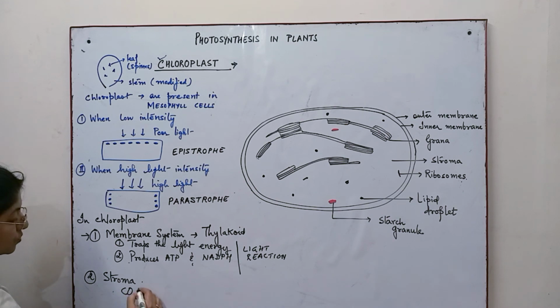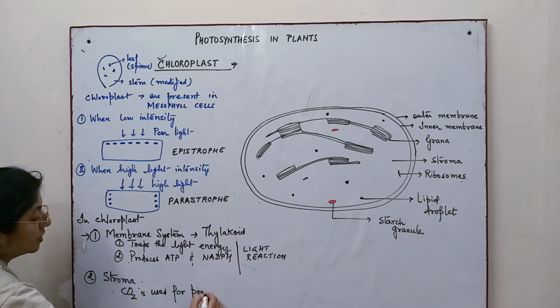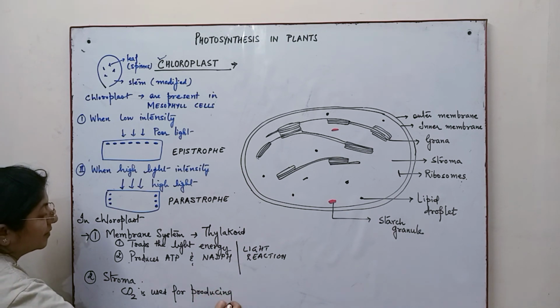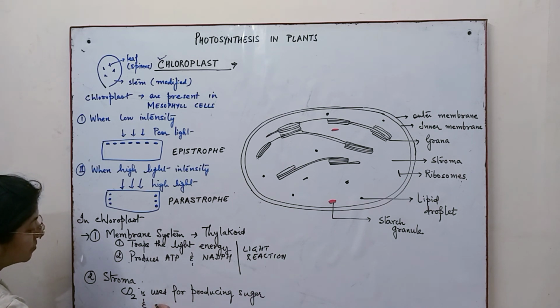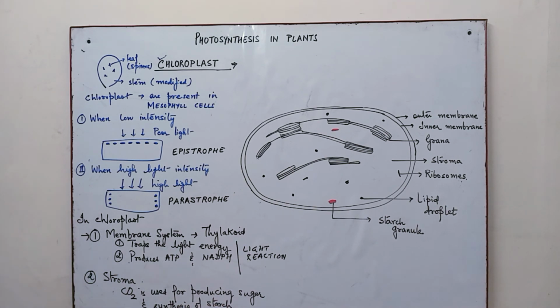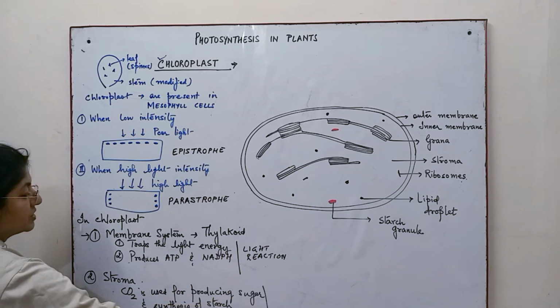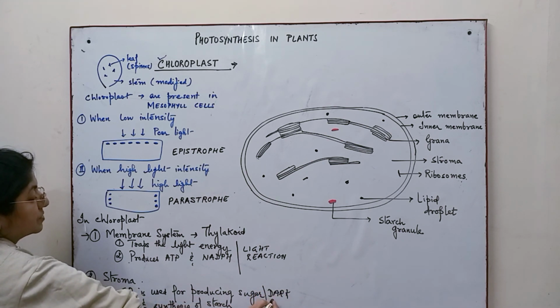Carbon dioxide is used for producing sugar and for the synthesis of starch. These reactions which take place in the stroma are not dependent directly on light, and therefore they are known as dark reactions.